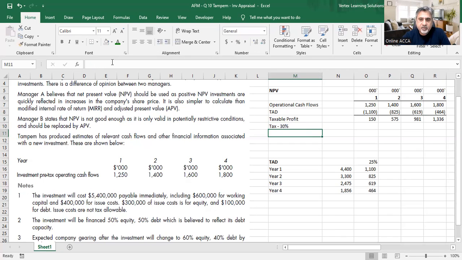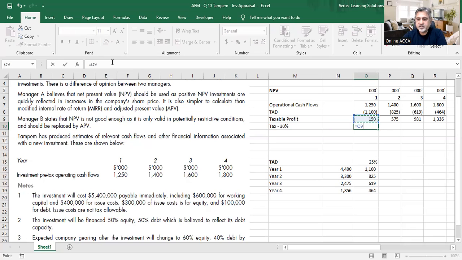So you calculate how much is the tax there, on the taxable profit, which is this times 0.3.